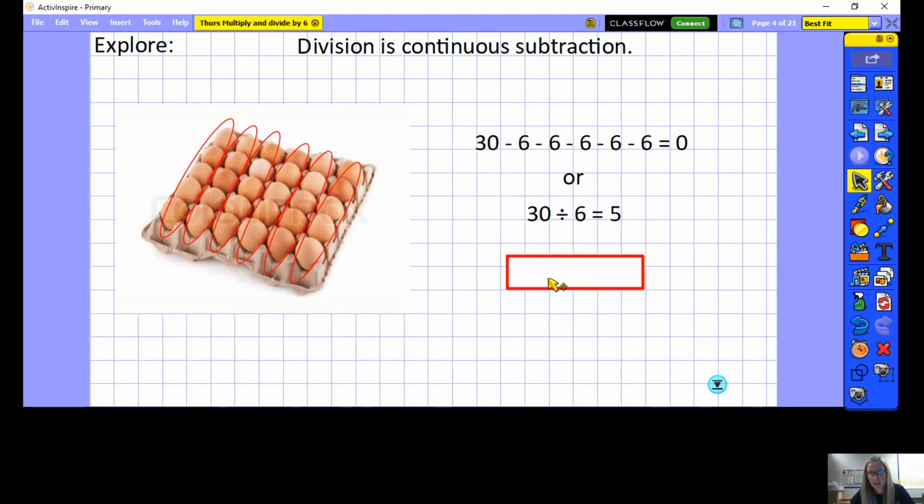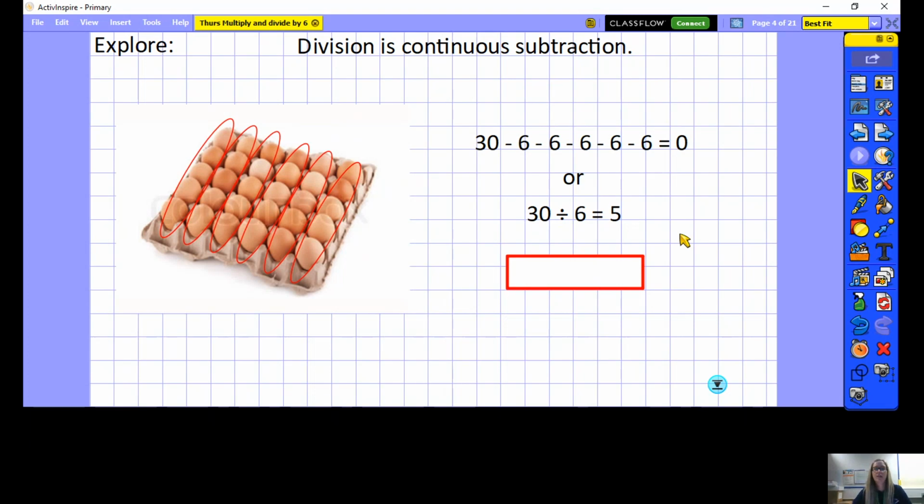So 30 divided by 6 equals 5. So you can see this in the representation. We've got 30 eggs altogether, and we have shared them, divided them into 6 groups, 1, 2, 3, 4, 5, 6. And in each group, we've got 5 left, 5 eggs in each group. So 30 divided by 6 equals 5.